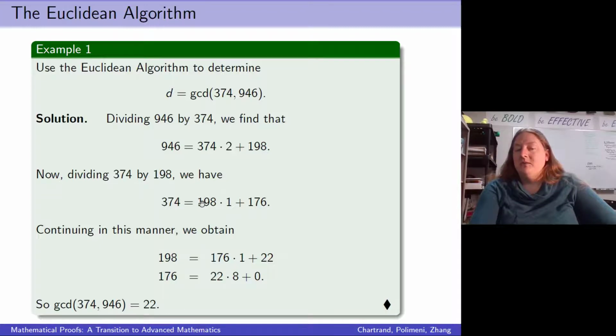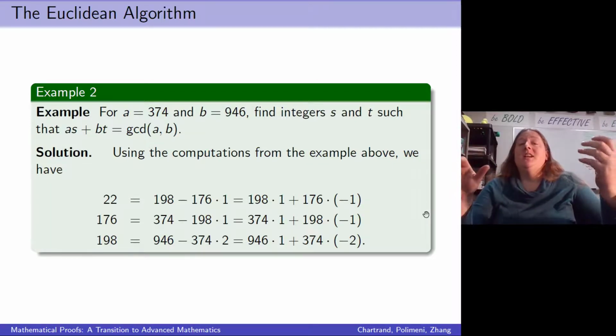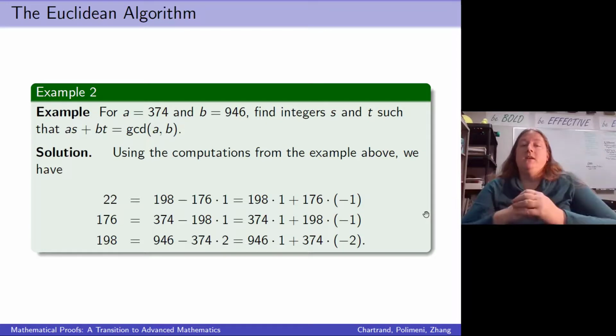And I can substitute 374 minus 198 times 1 in for 176 in my previous equation. And I can do all of those substitutions. And I can actually find and show that I have my GCD equals this linear combination, and I can find the integers s and t that make the linear combination as plus bt equals the GCD true.